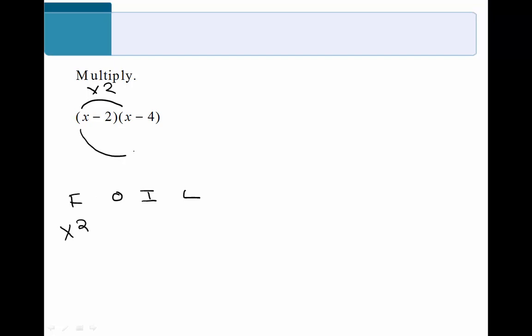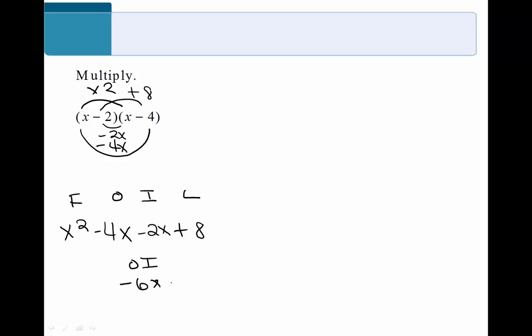We did our outer, x times negative 4, that was our negative 4x. Our inner, negative 2 times x, is negative 2x. Our last, negative 2 times negative 4, is positive 8. Our outer and inner together add up to negative 6x.